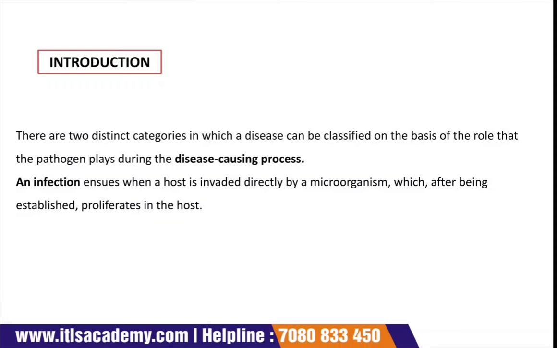The first is infection. Infection occurs when a host is invaded directly by a microorganism, which after being established proliferates in the host. So here again I am repeating: disease can be classified into two categories depending upon the role of the pathogens in the disease causing process.